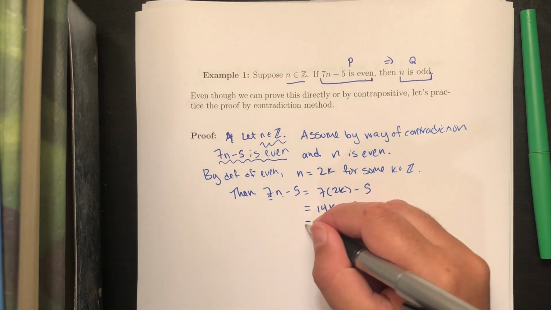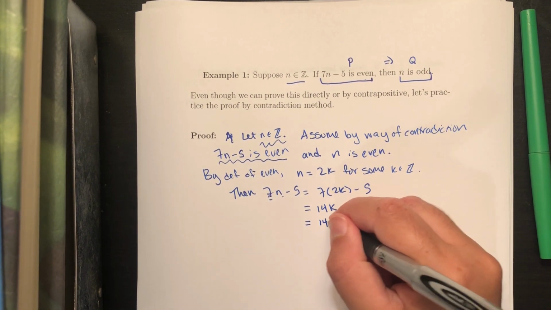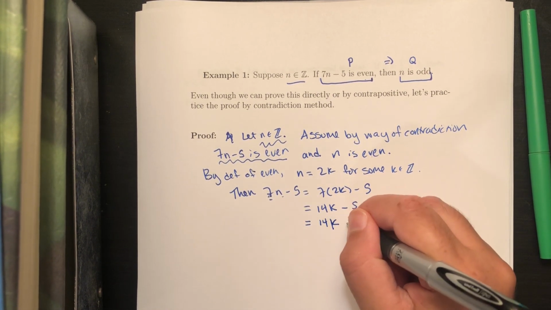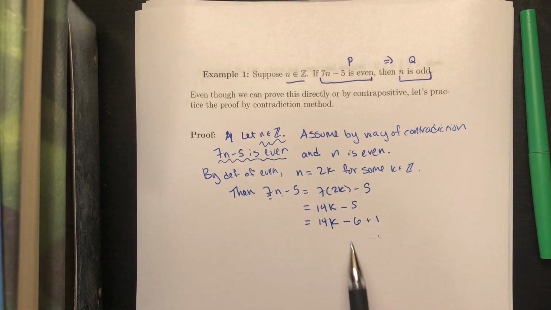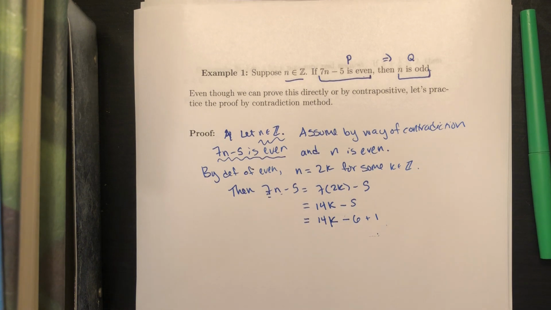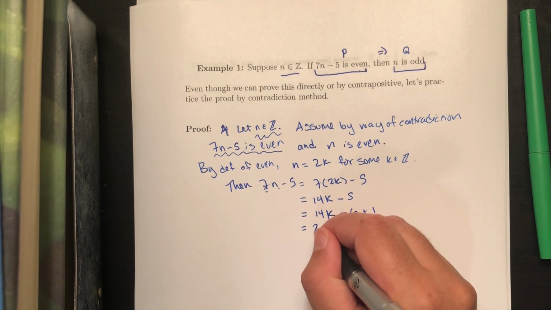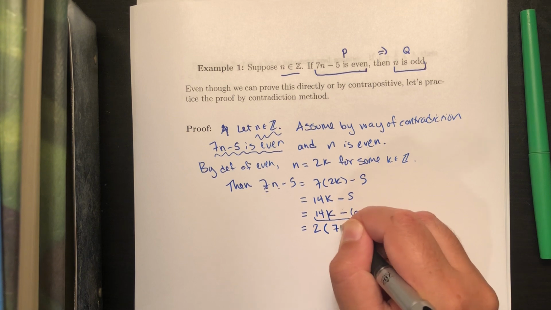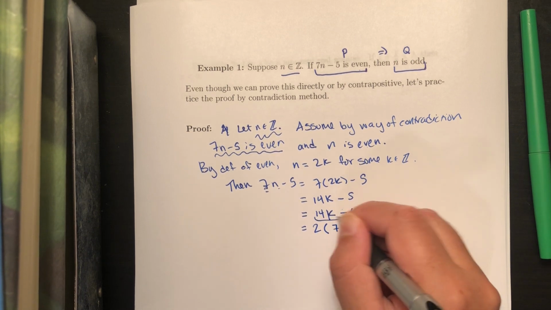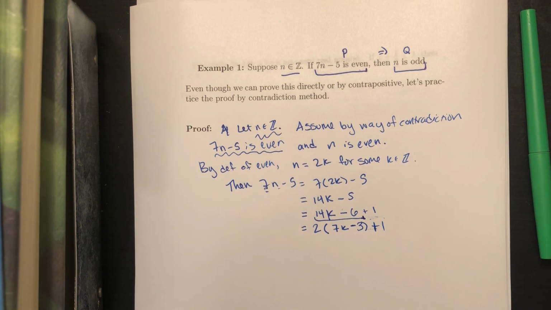In fact, we can, because I could rewrite this, for instance, as 14k minus 6 plus 1. Because negative 6 plus 1 gives you negative 5, so I've just rewritten that negative 5 so that I have a plus 1 at the end. And now I can factor a 2 out of these first two terms to get 2 times 7k minus 3, with a plus 1 at the end.